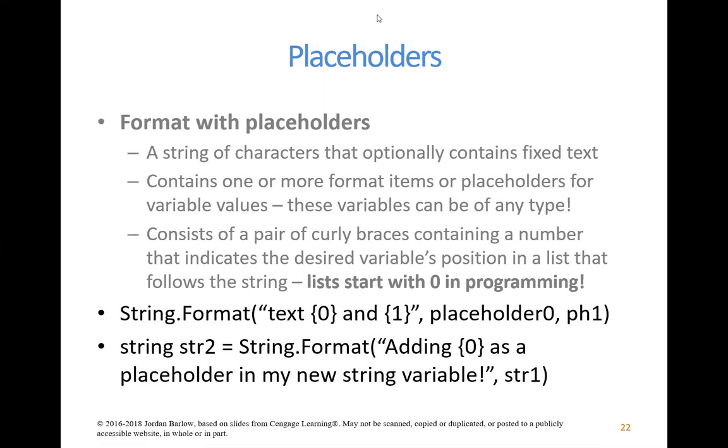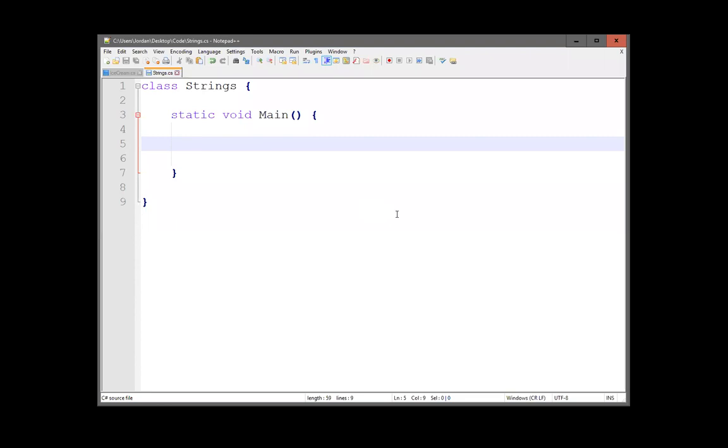Okay, so let me show you an example in my own code. So let's say that we have a string variable called city. And the value that we want to assign to this variable, at least for now, is Fullerton.